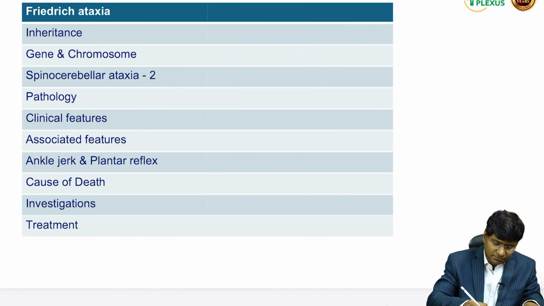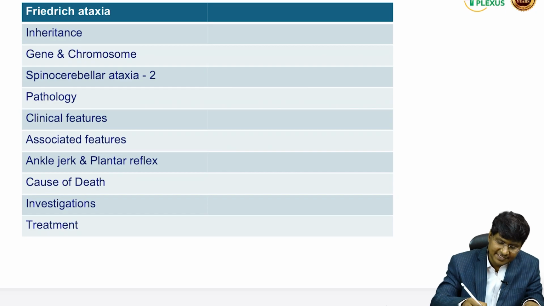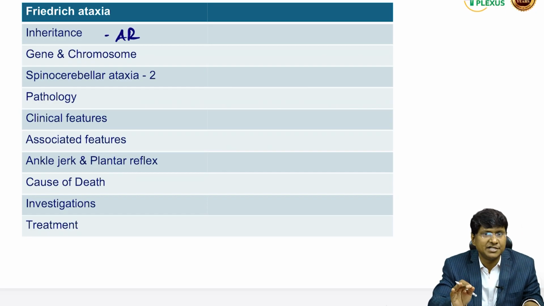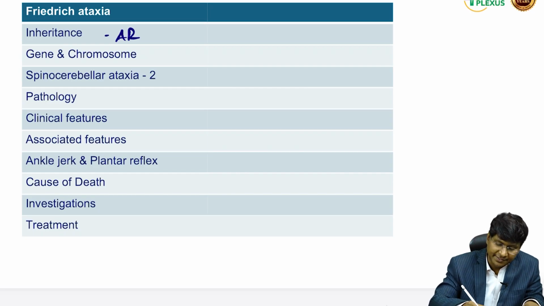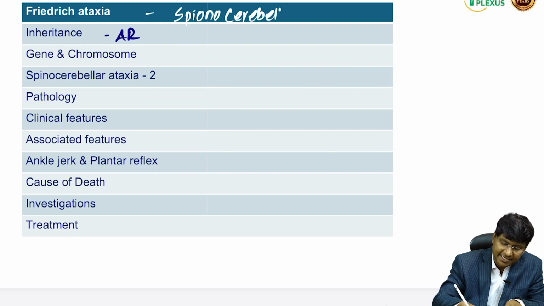Then, if you see the detailed discussion of Friedreich's ataxia, it is an inherited disorder, and the gene that is mutated is the frataxin gene, with an autosomal recessive type of inheritance. Another name for Friedreich's ataxia is spinocerebellar ataxia.